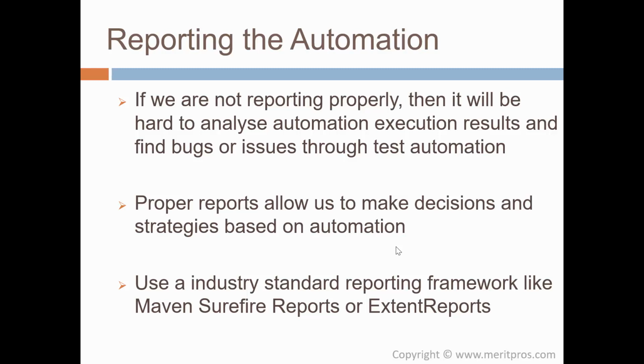With proper reporting, we can make our decisions, like whether we need extensive testing in an area, or whether we need to have meetings with dev team regarding a feature, or take release specific decisions, or take required strategies. Proper reports are important so that we can make required decisions and strategies.